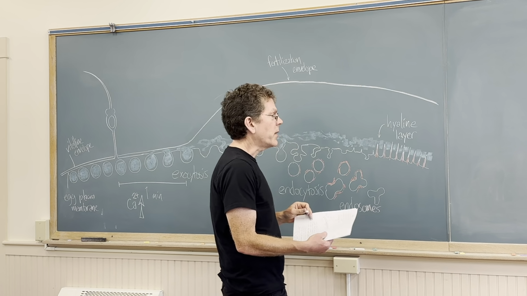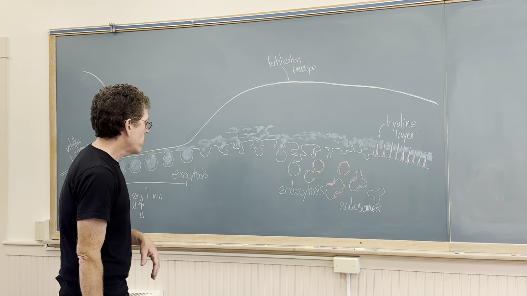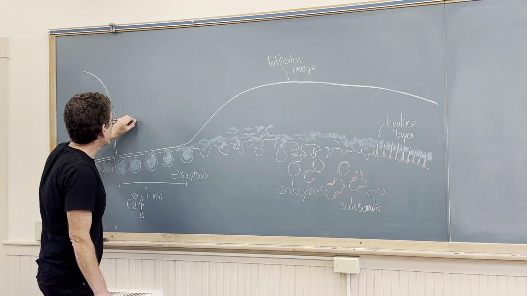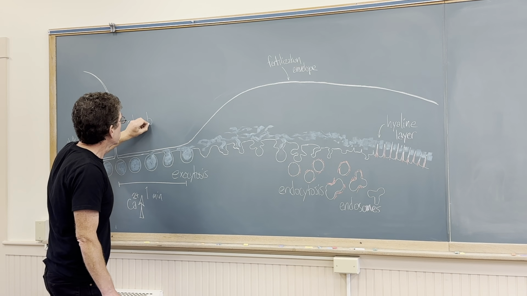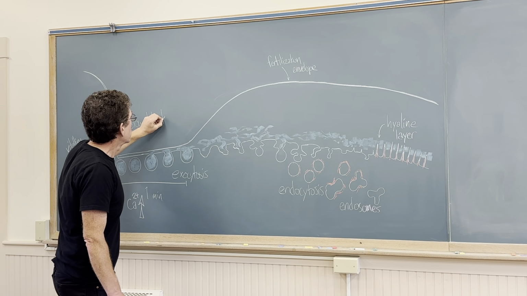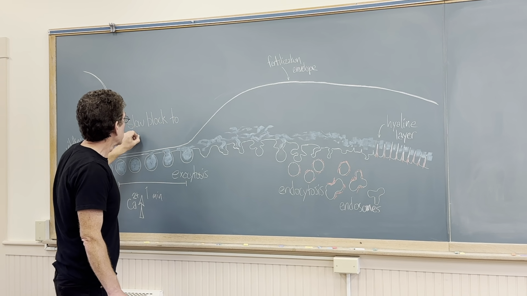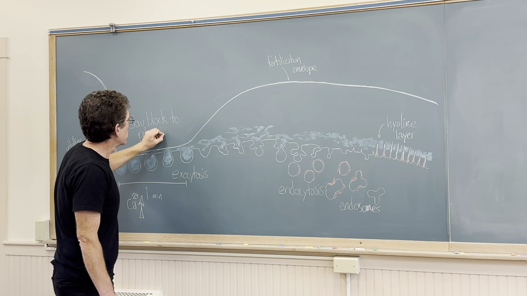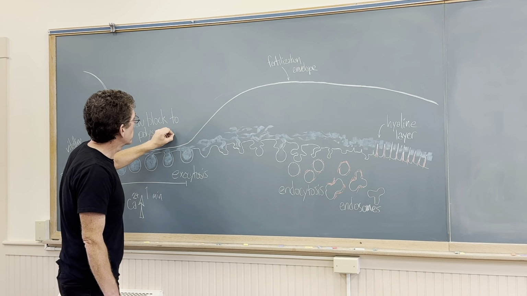This is the visible part of the process, and this is known as the slow block to polyspermy. And it's permanent.